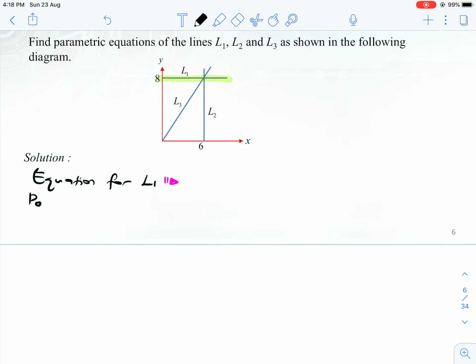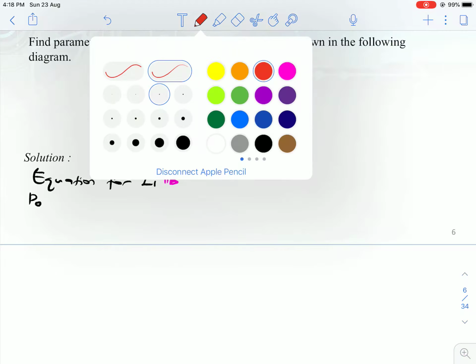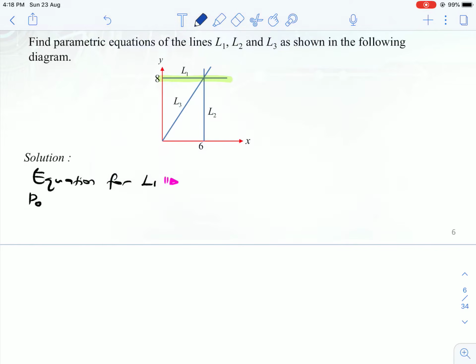The first point here, P naught, is the coordinate (0, 8). And the coordinate here is (6, 8).